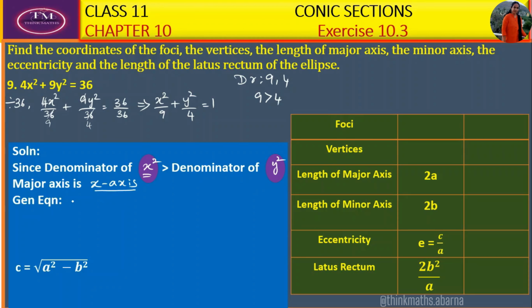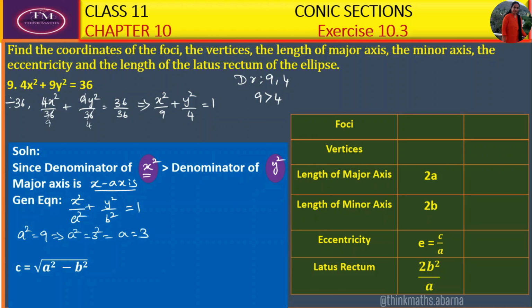So general equation will be x square by a square plus y square by b square equal to 1. Comparing this equation, we get a square equal to 9, that means a square equal to 3 square. So a will be equal to 3.